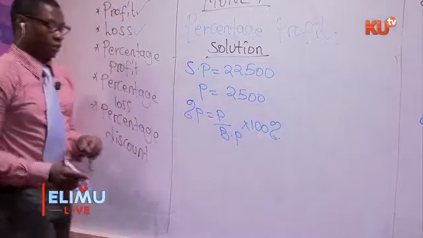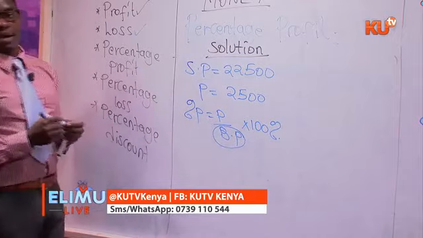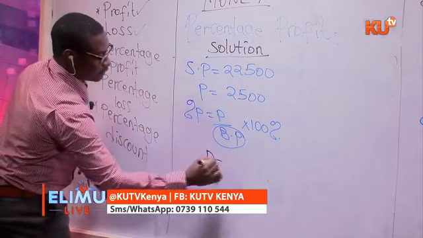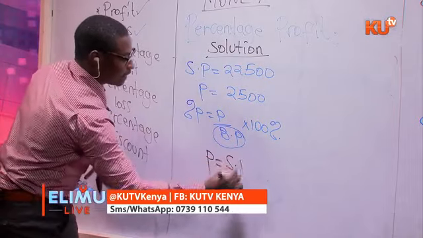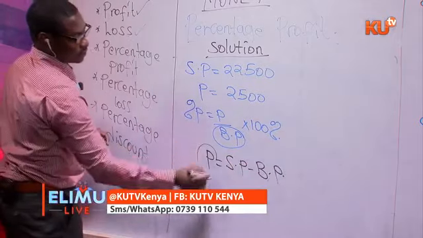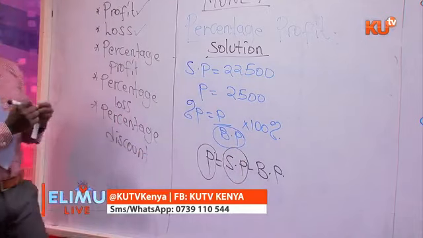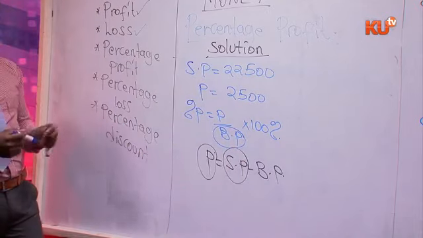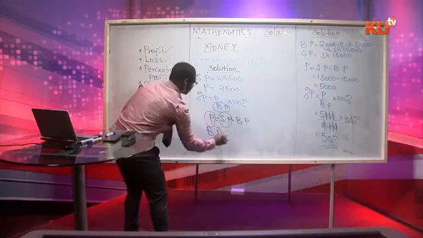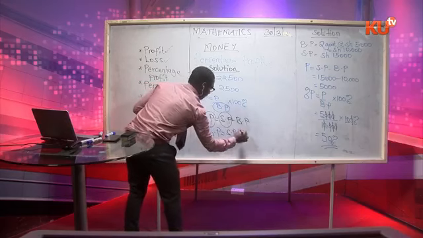Now we realize in our question we don't have the buying price. So we identify the buying price. Profit is equal to selling price minus buying price. We have the profit and the selling price, so we need to calculate the buying price. To calculate the buying price given profit and selling price, the buying price is going to be selling price minus profit.